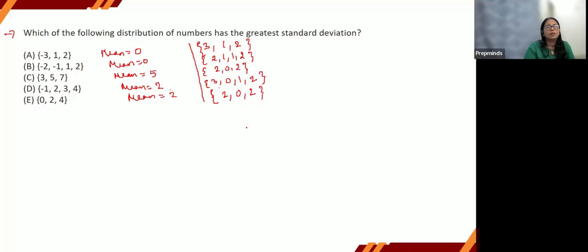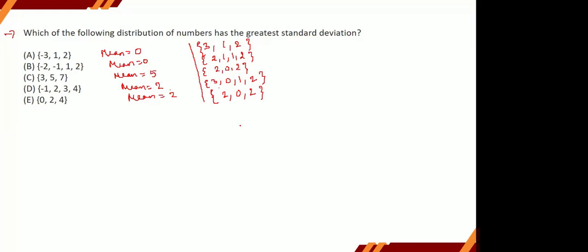Okay. Now, can we do process of elimination once we have the deviations in place? Can we eliminate immediately something?